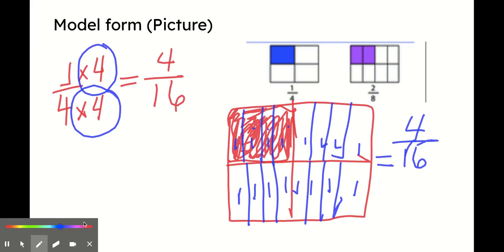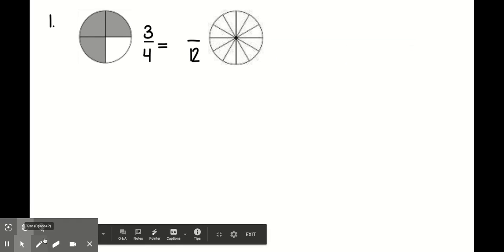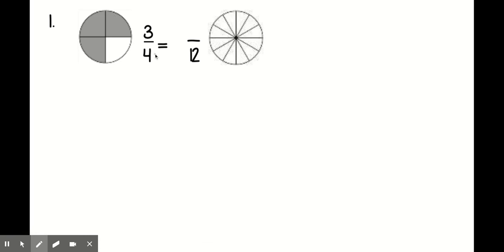So I'm going to show you what this would look like on your homework. I'm only going to do 3 problems from your homework on day 1. For the rest, if you need extra help, please call me or message me, and I'll make videos to help you. So number 1 on day 1, we have 3/4, and it's broken up into 12ths.